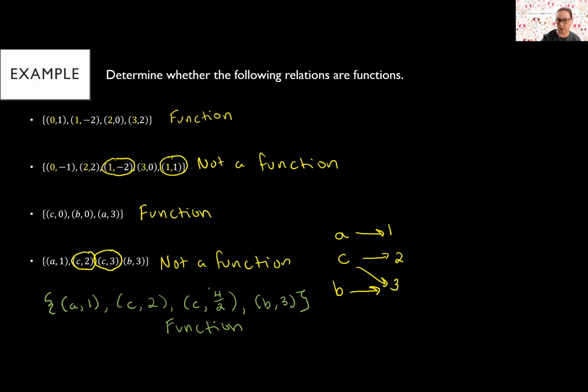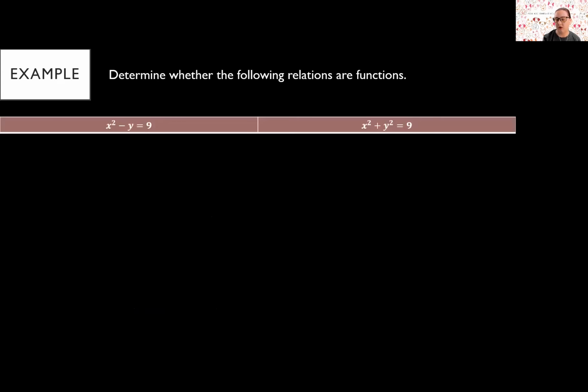Okay. So now we have equations, and equations are harder to see whether it's a function or not. The way that I usually determine if an equation is a function is I end up graphing it.